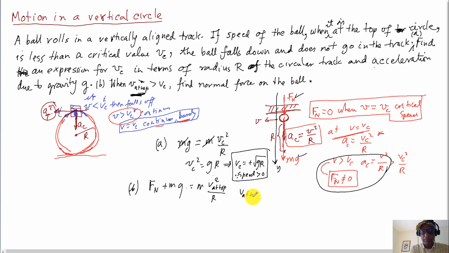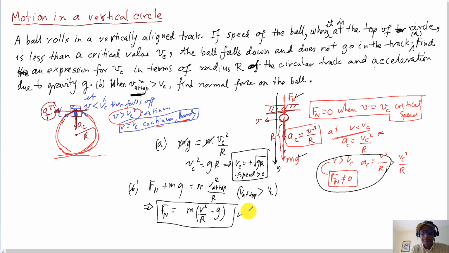V at top is greater than vc. I can solve this, and that will give me Fn. So Fn will depend on the mass, and as you can see, it's not just mg. Fn equals m v square over r minus mg, which is m times (v square over r minus g). That will be the answer.